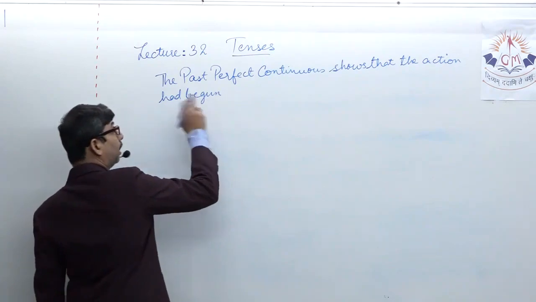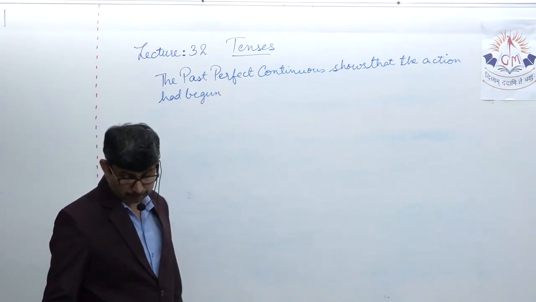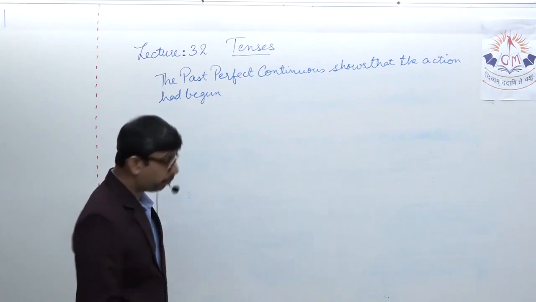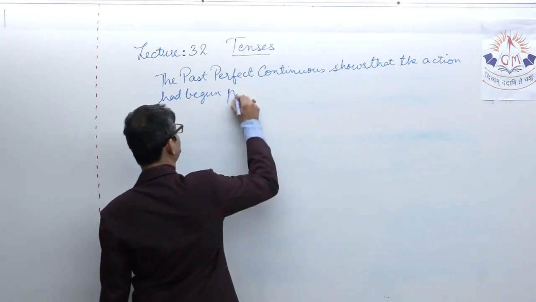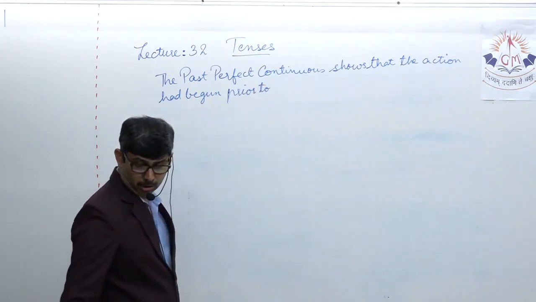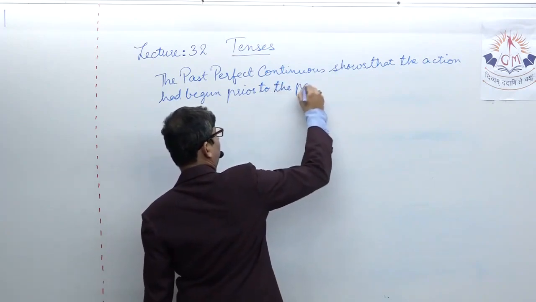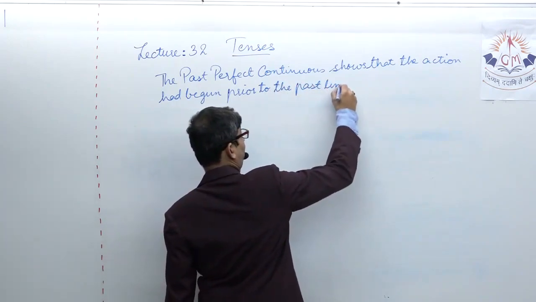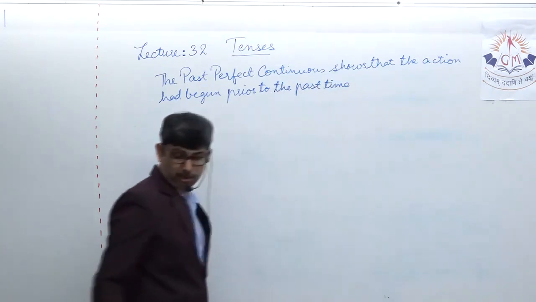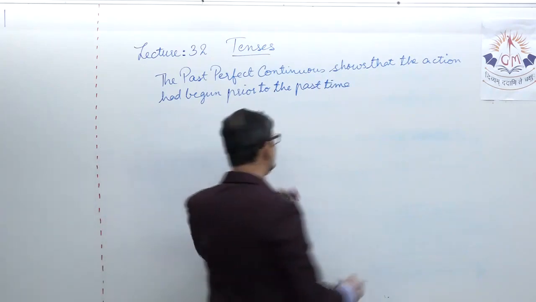Have a look at the word begun. It is the past participle of begin: begin, began, begun. Prior to the past time being referred to, what you are referring to.